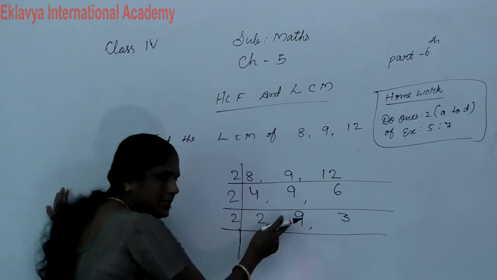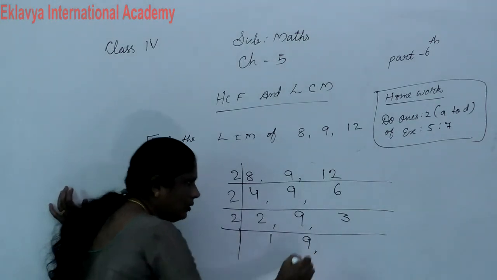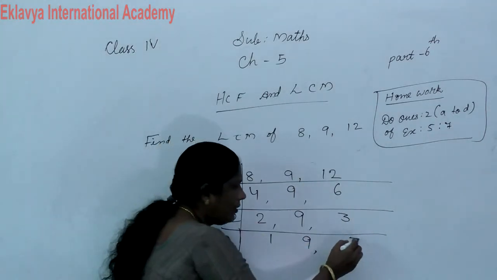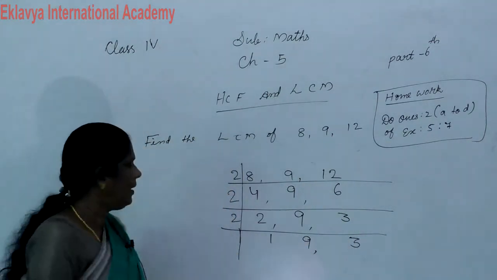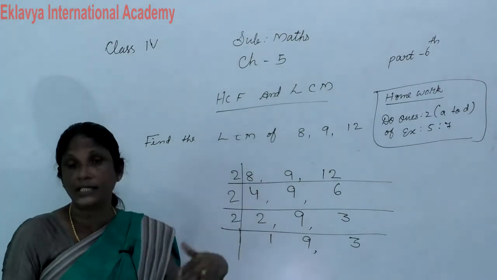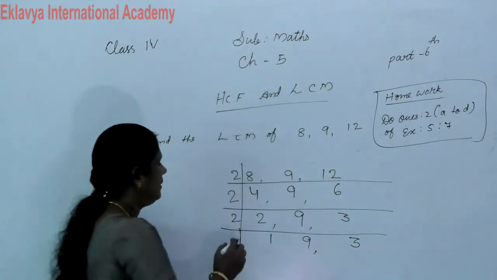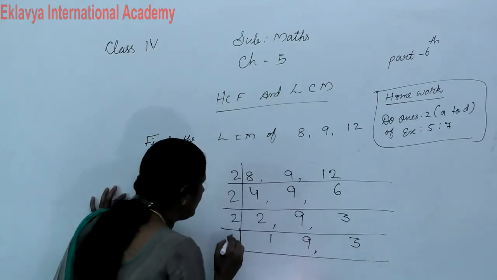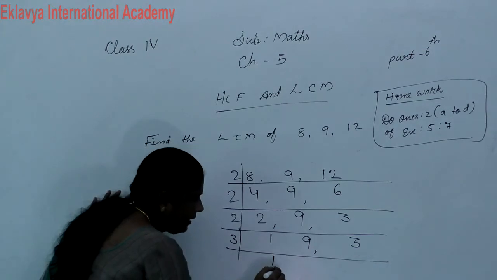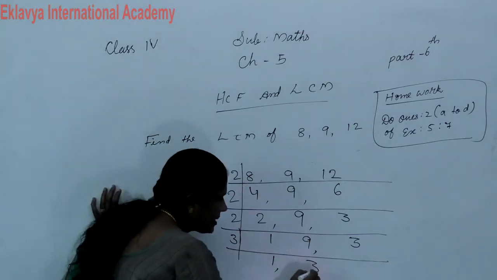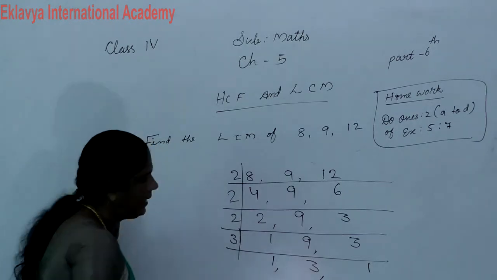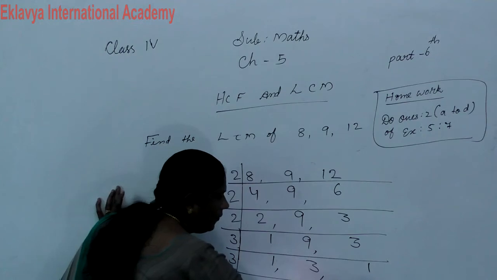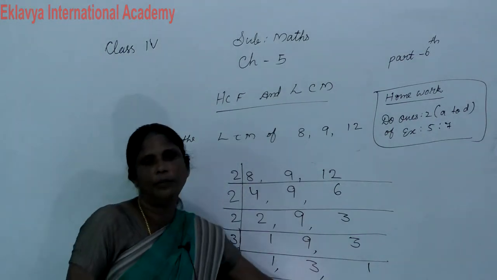Does the table of 2 go in 9? No, as it is you write. Does the table of 2 go in 3? No, as it is you write. Now 2 ends here. The next prime number is 3. Is the table of 3 divisible by 9 and 3? Yes, you take 3. 1 as it is. How many times does it go? 3 times. Here 1 time. Again this process: 3, 1, 1, 1. All numbers come to 1.